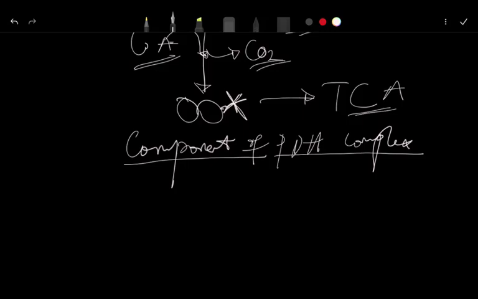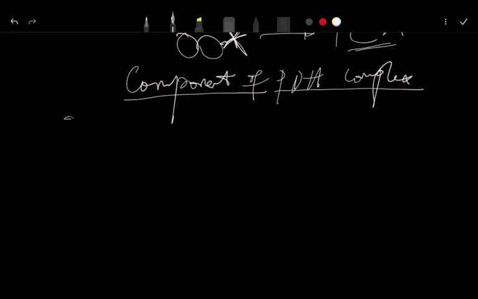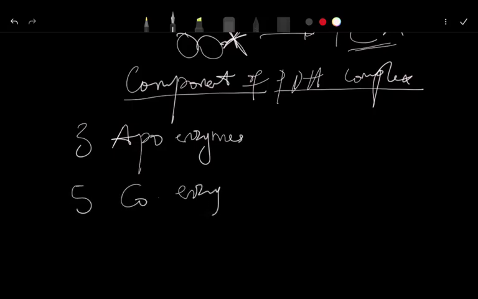Now this PDH complex consists of 3 apoenzymes and 5 coenzymes. These are the things that make up the PDH complex: 3 apoenzymes and 5 coenzymes.